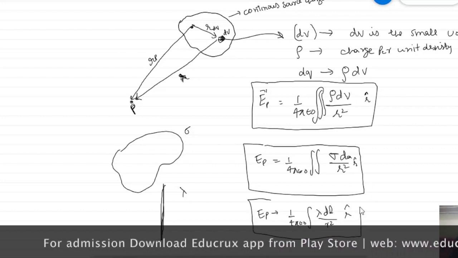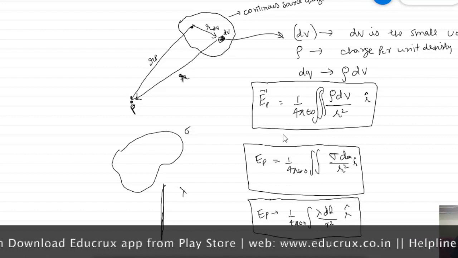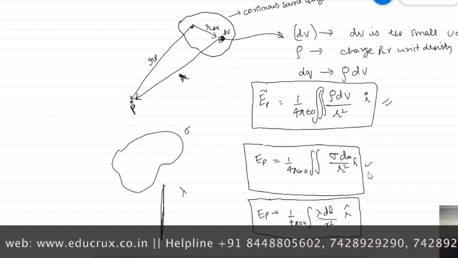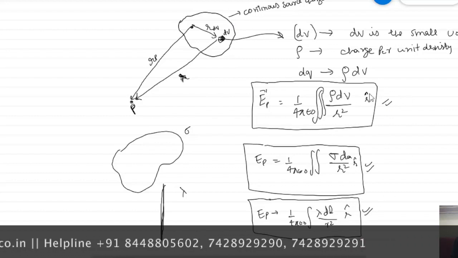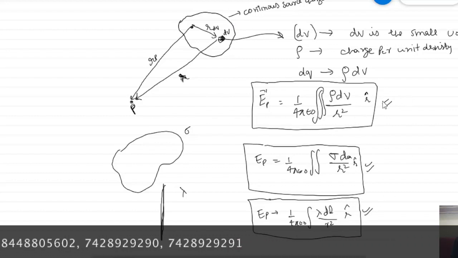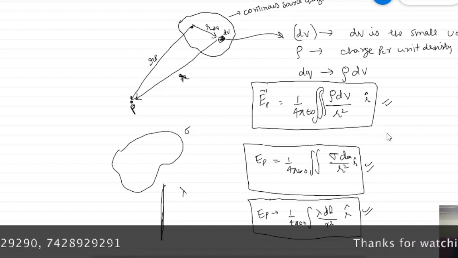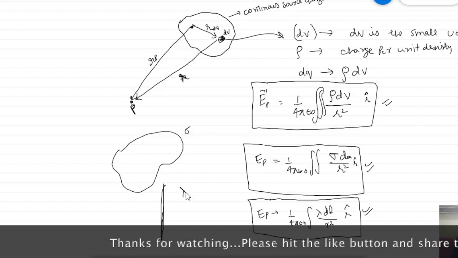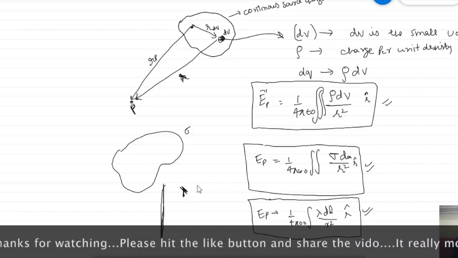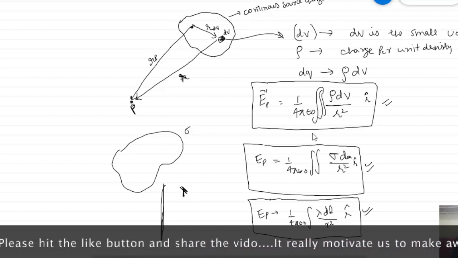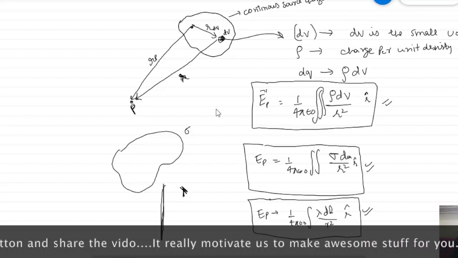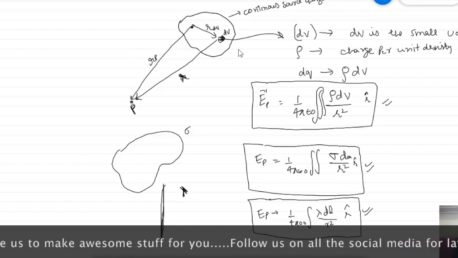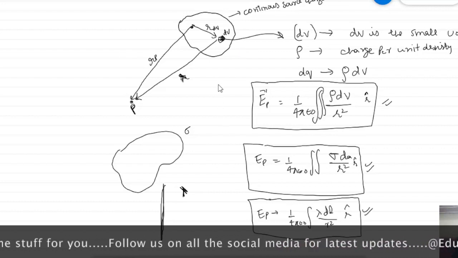So this is how we calculate the field at point P due to a continuous charge distribution, and we will learn how to calculate the field by using this formula or notation. By using this integration, we will learn how to calculate the field at point P or at any point due to this system of charged particles.